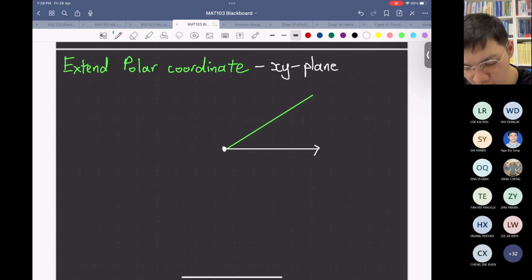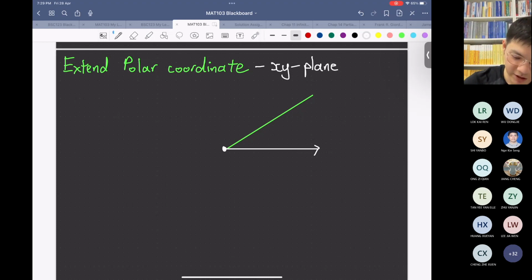They both work on the xy plane, just that the polar coordinate is a different way to describe the point. I don't want you to confuse these two. So we always work on the xy plane. In your mind, you should have some xy axes.